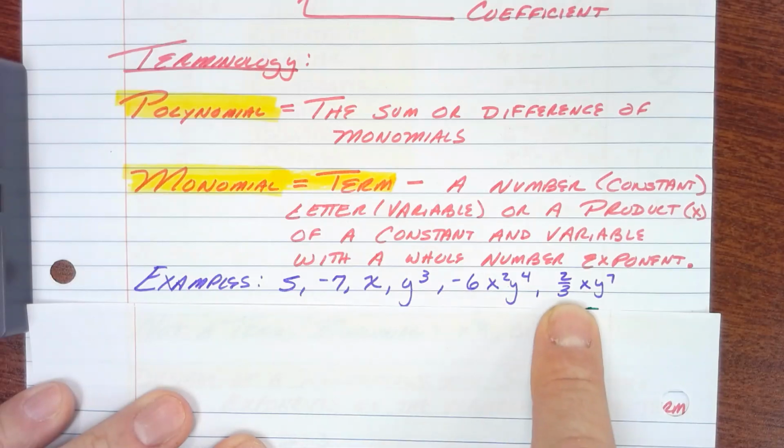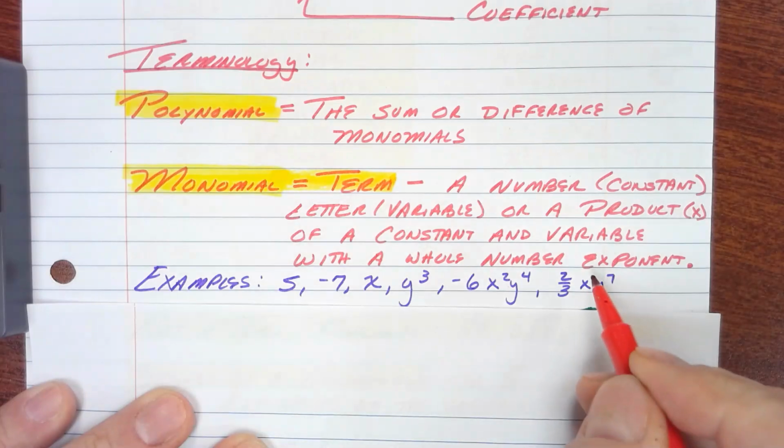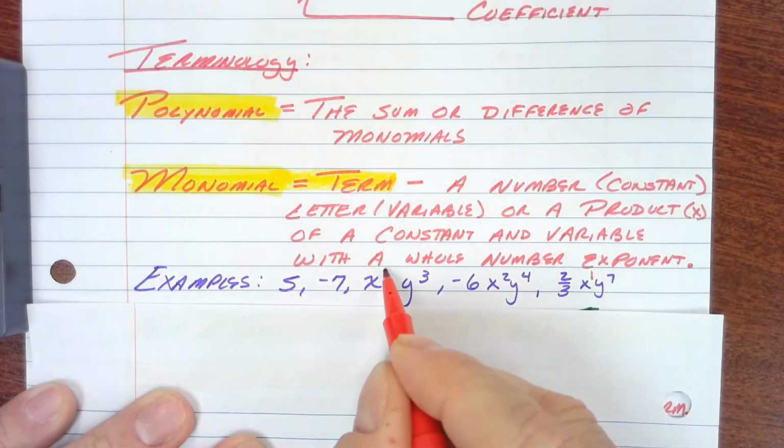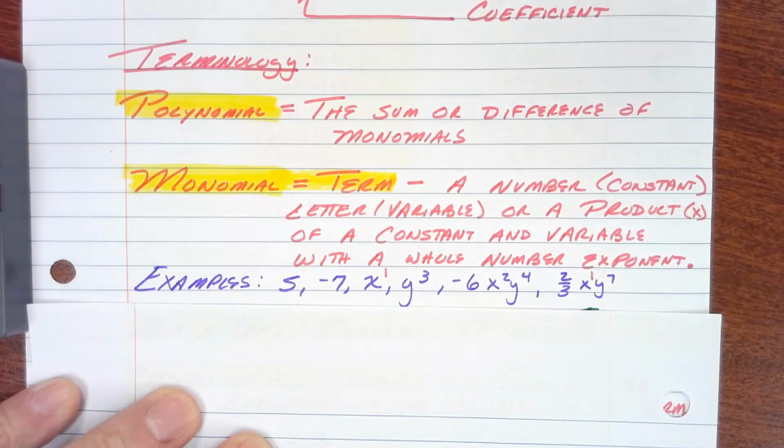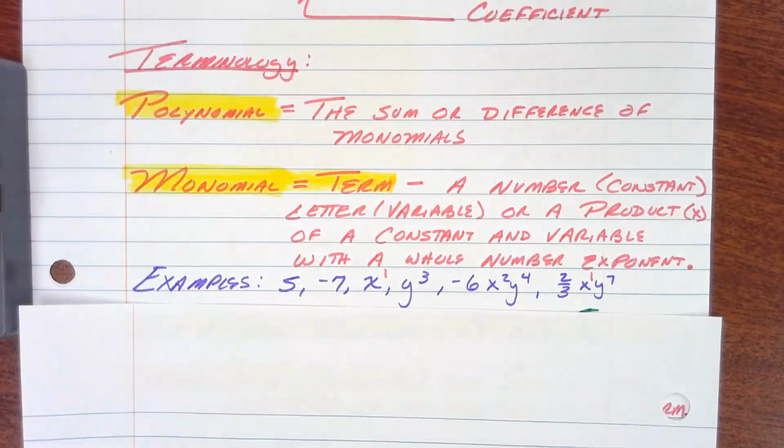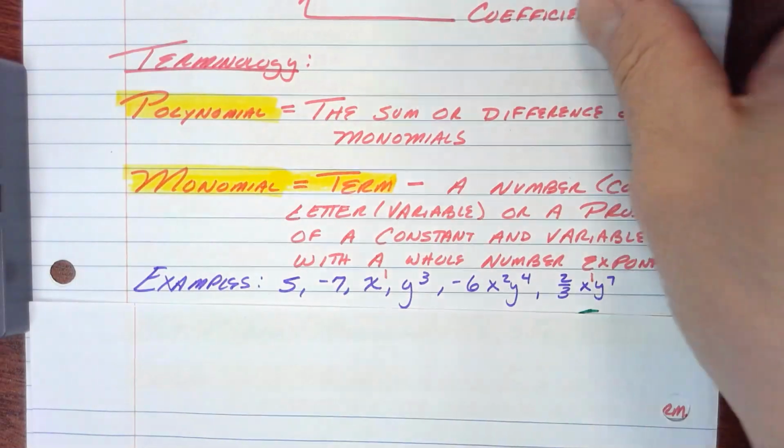And we can even have a fraction coefficient. The other thing that I always want to point out to you is, even though it's not written, we do have an exponent of 1 here and here. So those fit the requirement of the definition of having a whole number as an exponent.